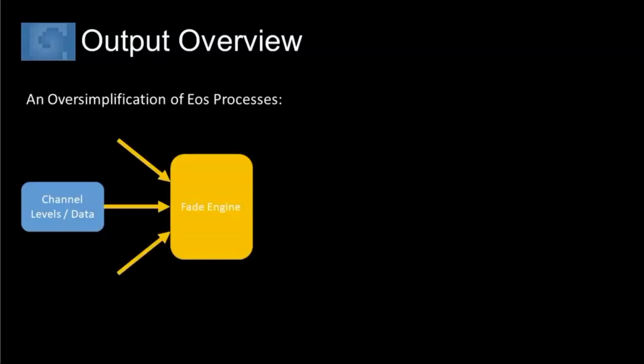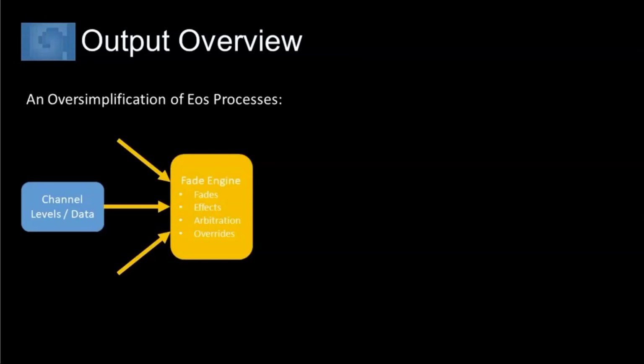And there's a big chunk of software that you'll often hear referred to as the fade engine. And the fade engine is what processes all sorts of stuff like calculating fades over time, dealing with effects and their contributions, their overrides, dealing with arbitration between multiple sources that are trying to fight for the same channel and parameter, and dealing with things like overrides.